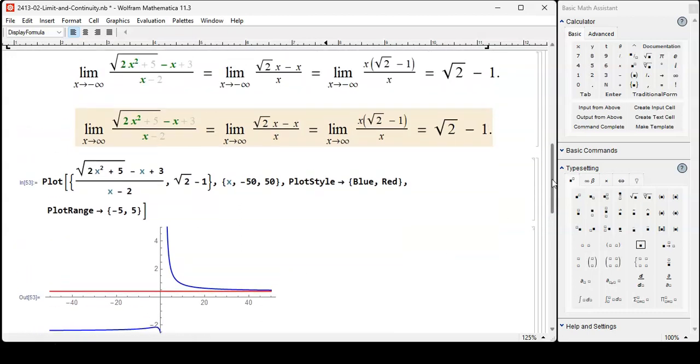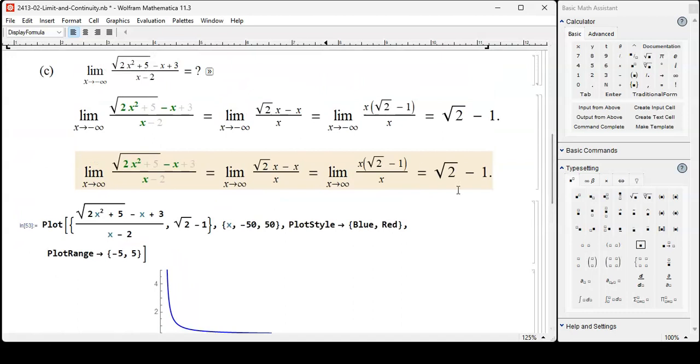To the left, it doesn't work. Exactly the same algebraic computation did not work for x going to negative infinity. What's wrong here? The answer, right here, which I just highlighted in red. That's wrong.